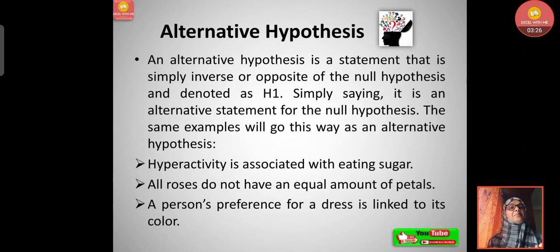The same examples will go this way as alternative hypotheses: hyperactivity is associated with eating sugar, where in the null hypothesis we say that hyperactivity is not associated with eating sugar. And then, all roses do not have an equal amount of petals. Then, a person's preference for a dress is linked to its color, where we said in the null hypothesis, a person's preference for a dress is not linked to its color. So these are the examples.